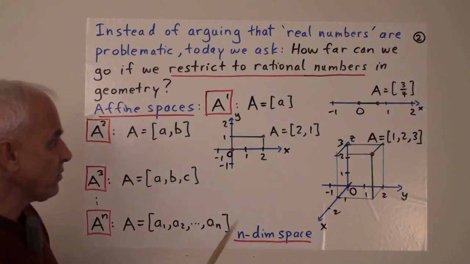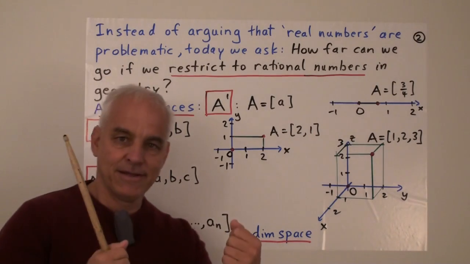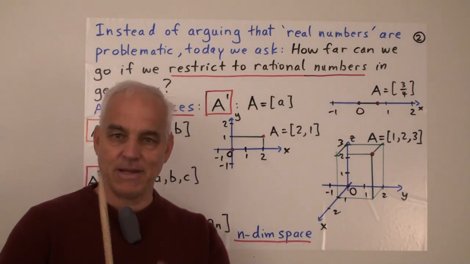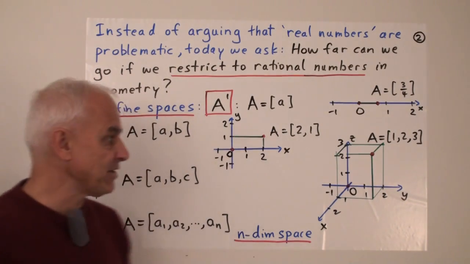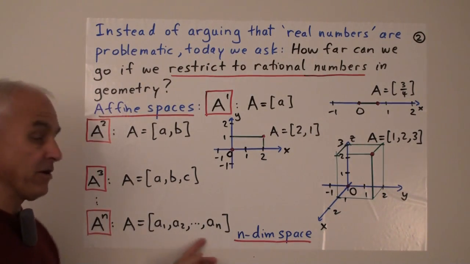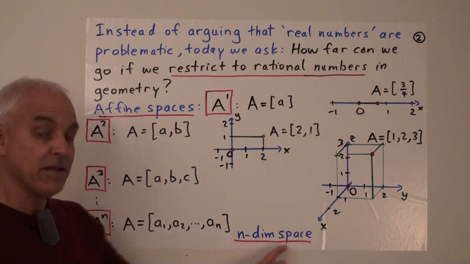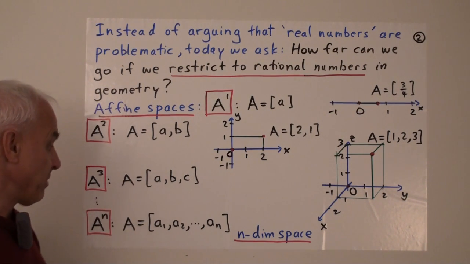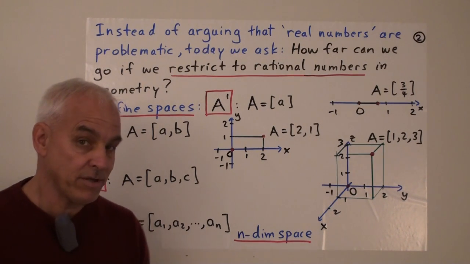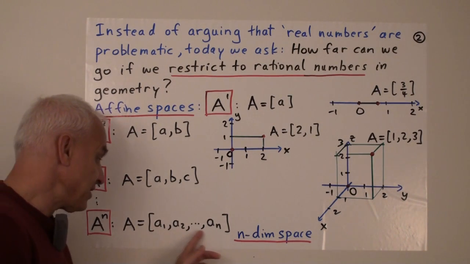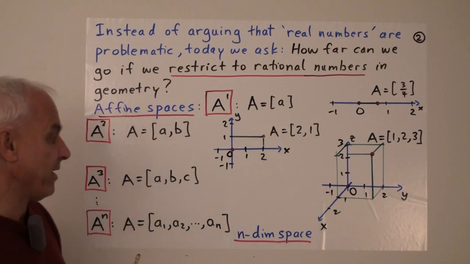So once we adopt this point of view that points are just strings of numbers separated by commas and enclosed in square brackets, then it's not hard for us to see how to go to higher dimensions. So we can introduce higher dimensional or n-dimensional space just by considering an affine n-point to be a list of n numbers enclosed in square brackets.